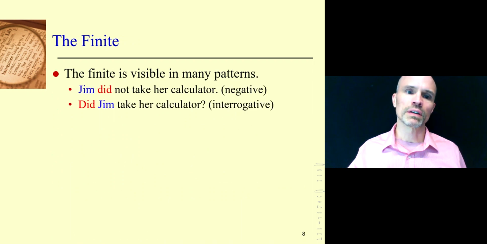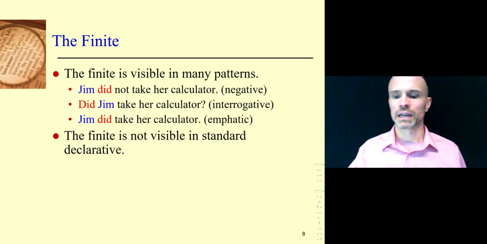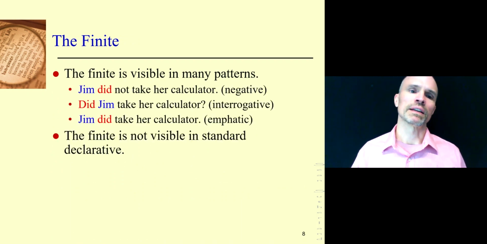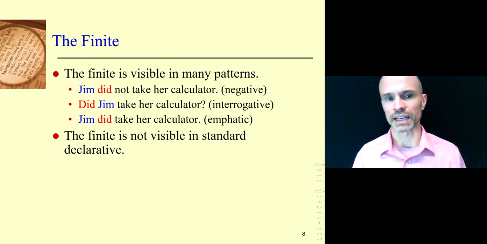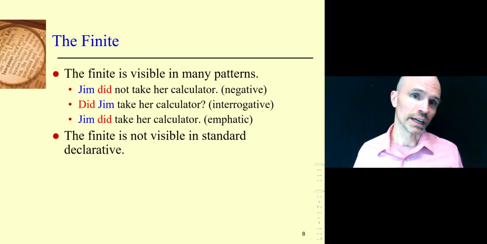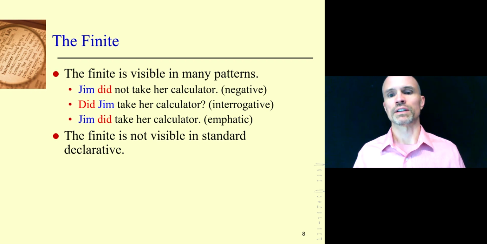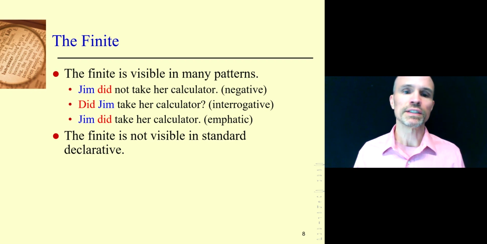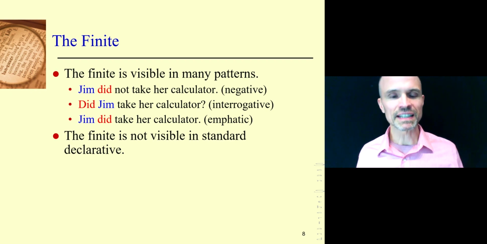Right? I'm going to put them all up. The finite is visible in all of these patterns, right? When you have a negative, Jim did not take, you can see Jim and did. When you make a question, or grammatically best to call it an interrogative, did Jim? When you're emphasizing something, Jim did take, you see the Jim and the did again.